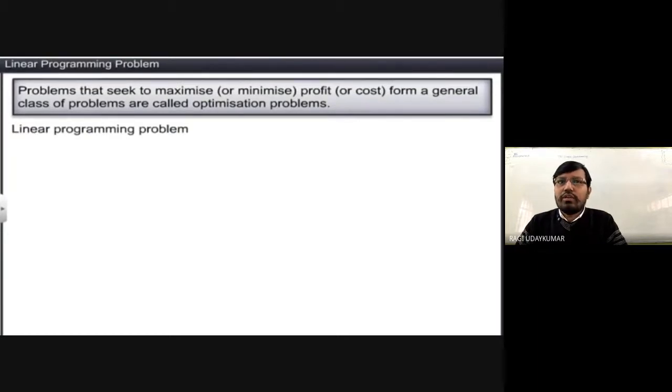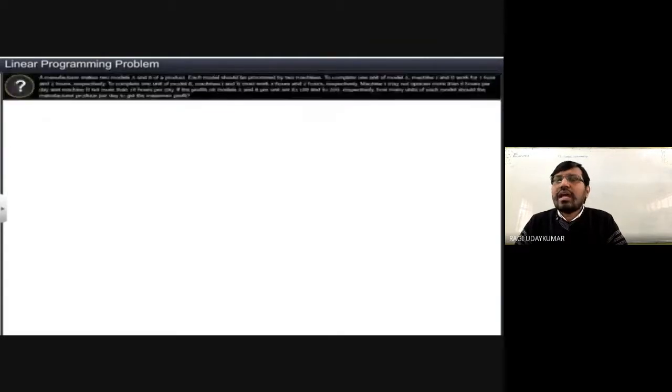It is a problem in which linear inequalities are involved with respect to one objective function. We can solve this linear programming problem by the graphical method.